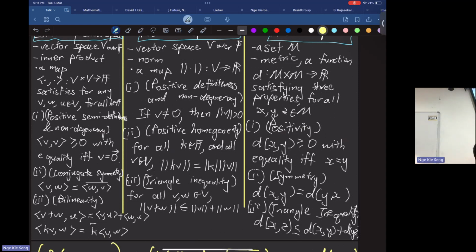It could be that V dot with KW, when you put it out, you need conjugation, and then the other you don't need. This is just a choice such that property 2 is satisfied. Otherwise, if you just put it out without conjugation, then something will go wrong with the second property here.